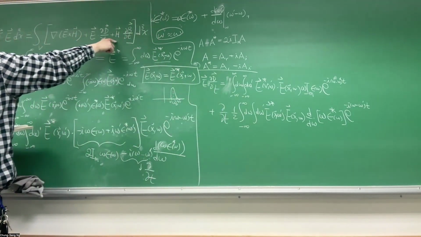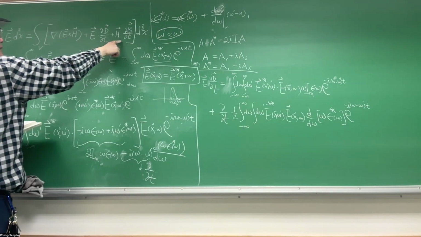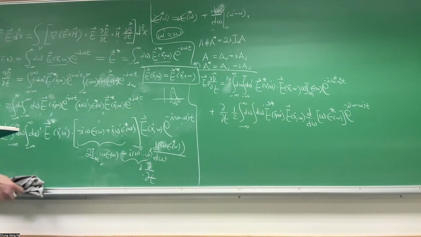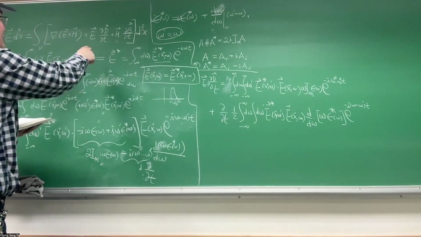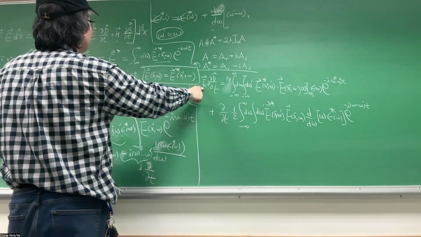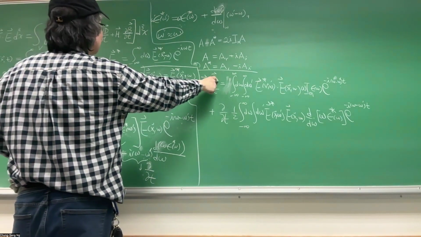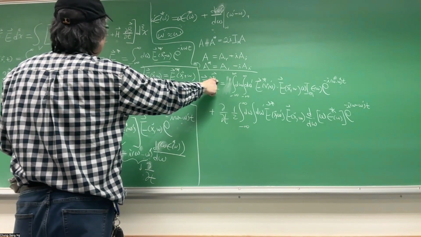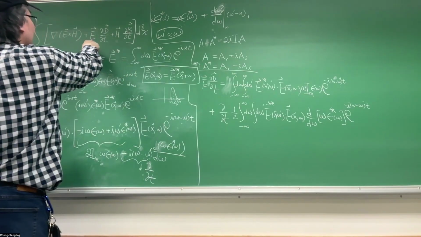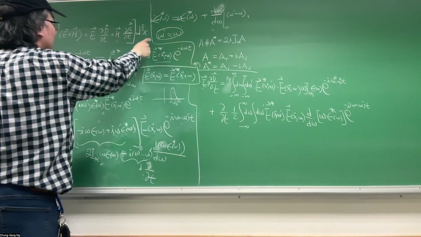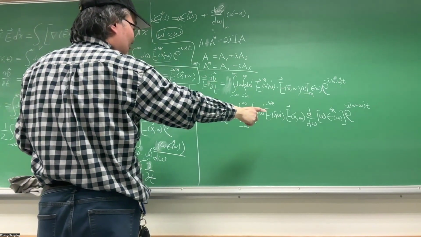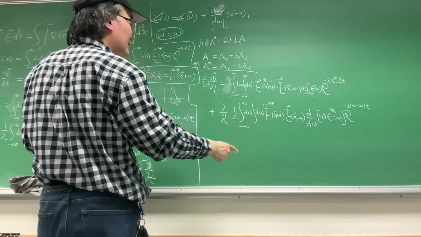Okay, and now the same happens. You can do the same thing for H dot partial B partial t, but obviously you don't need to repeat all the math because everything is just the same except that whenever you see E, you change it to H. Whenever you see D, you change to B. But D is epsilon E, B is mu H. So the epsilon will change to mu, right?